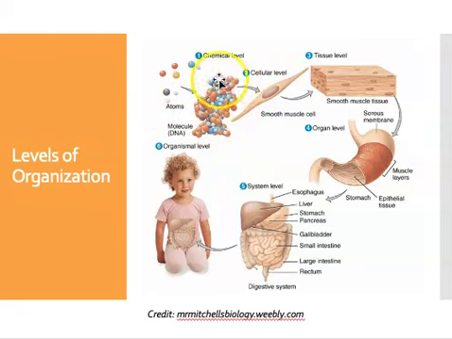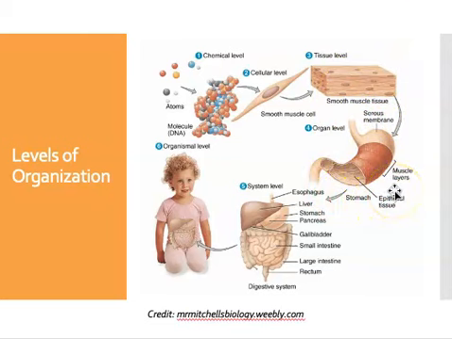Molecules are going to combine in order to create cells. And cells will combine to create various tissues. Different tissues can come together in order to work together towards a specific function. And we call that grouping of different tissues an organ.